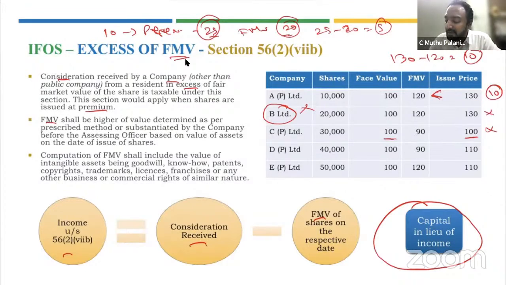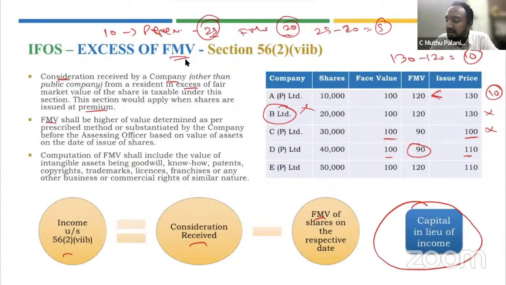The fourth one is D private limited. Again, 100 is face value, 110 is issue price. But what is the fair market value? Only 90, which means my issue price is more than the fair market value itself. So the difference here also will be treated as income.